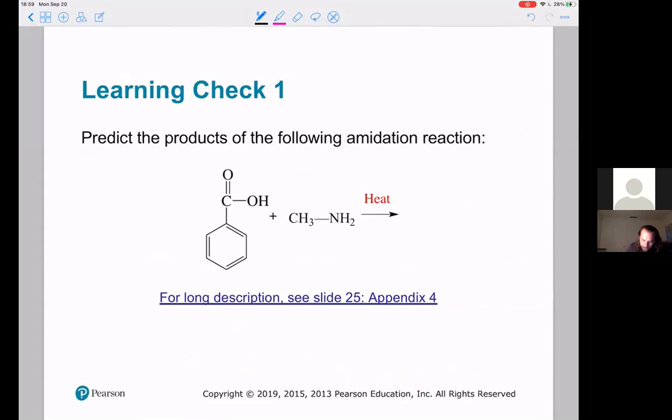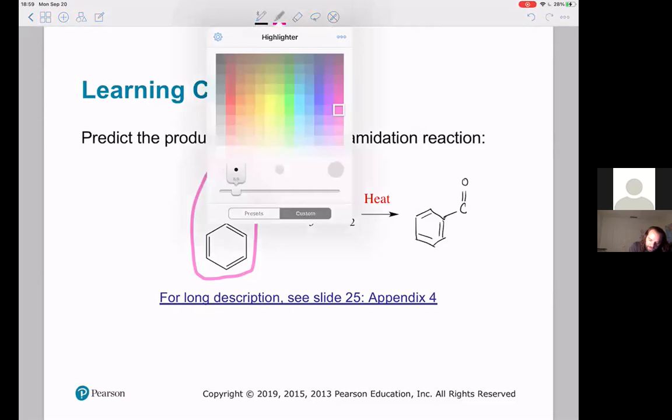What's the product of this reaction going to be? Here's my carboxylic acid chunk, and this is going to contain the carbonyl carbon of the amide. I'll write it tilted a little bit so I have room. Then I have to add this chunk on here.